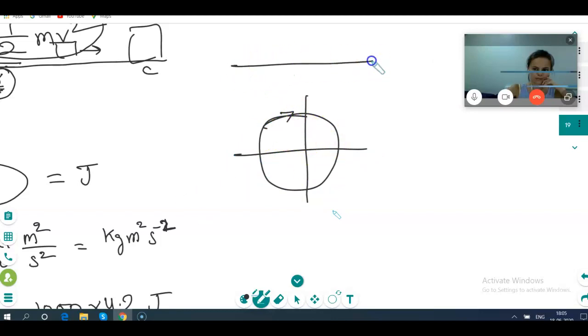Kinetic energy means you are moving in a straight line. Suppose this object is moving in a circle, we are revolving. Is it having energy or not? It is called rotational kinetic energy.